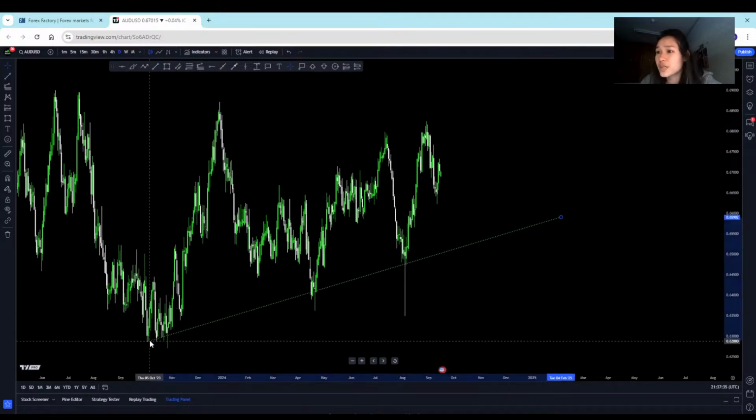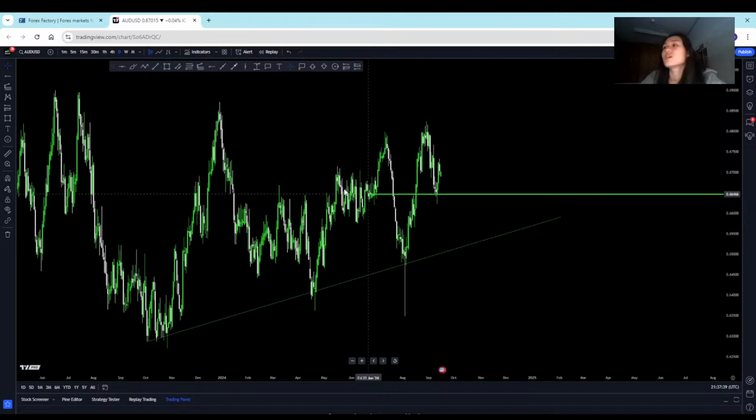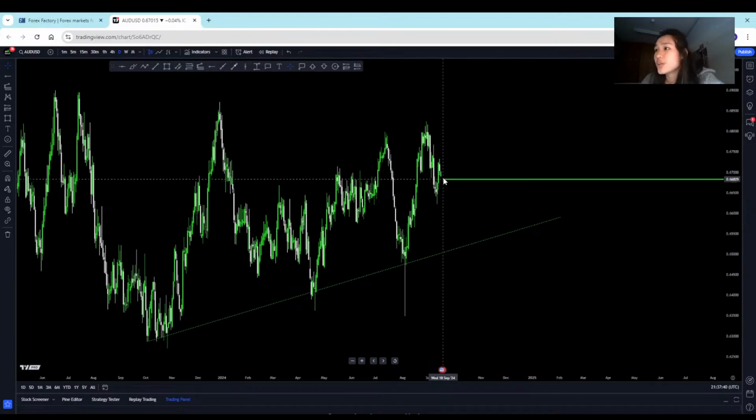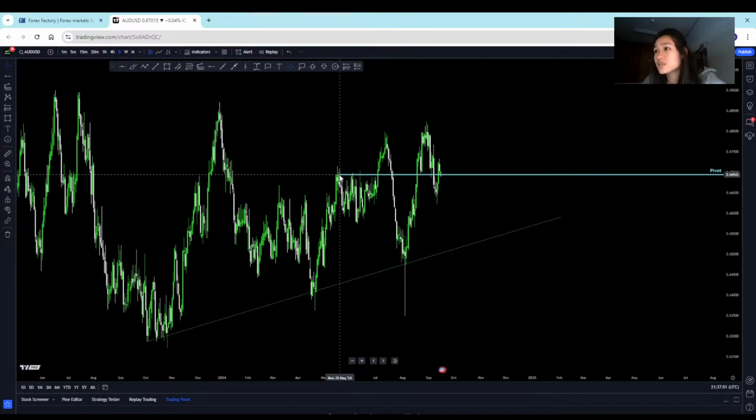Okay, we have again prices moving in this ascending trend line. Where price is currently at, I'm just gonna place a pivot at this level because we have a couple of swing highs here. So I'm thinking prices are going to continue to react off of this level.